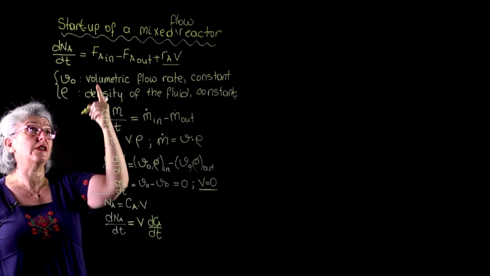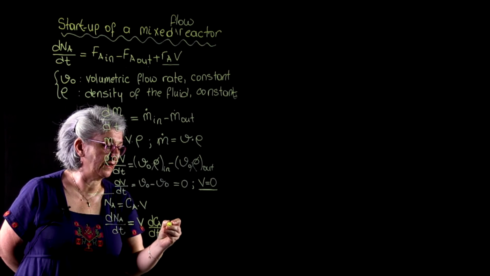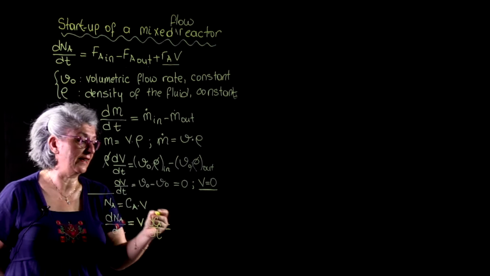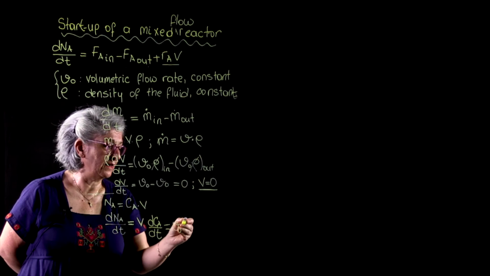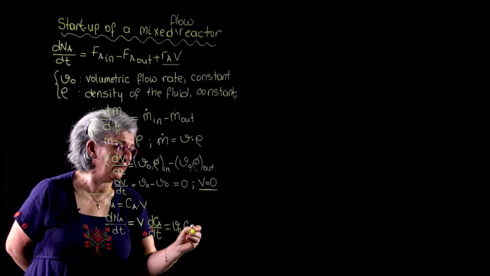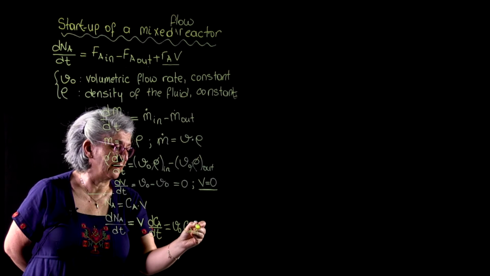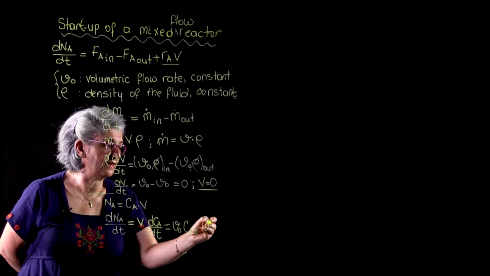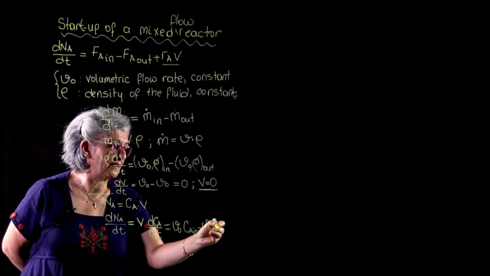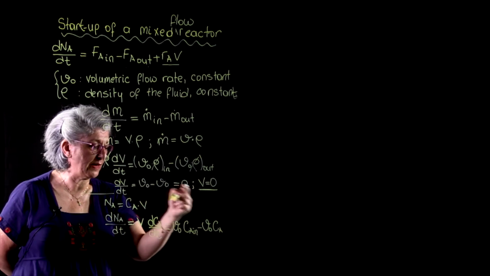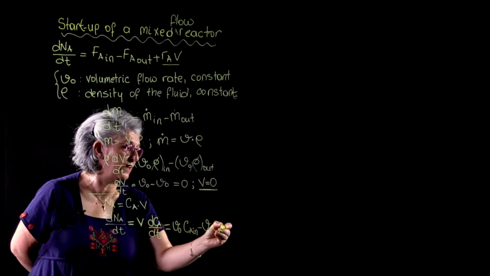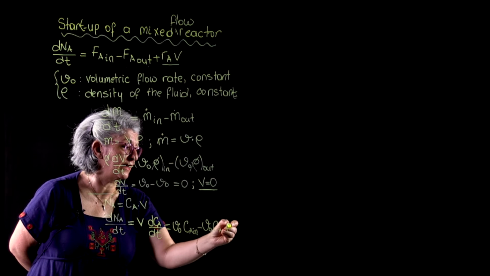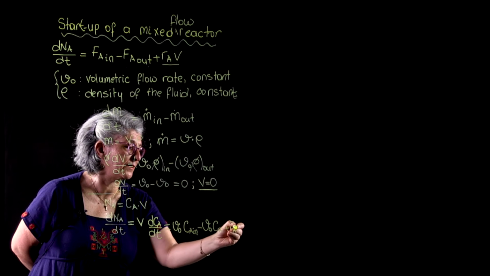The other side of the expression is FA in, remember V0 is constant, V0 times CA in minus V0 times CA out. Remember, I dropped out from the definition, from the identifier, plus RA times V.